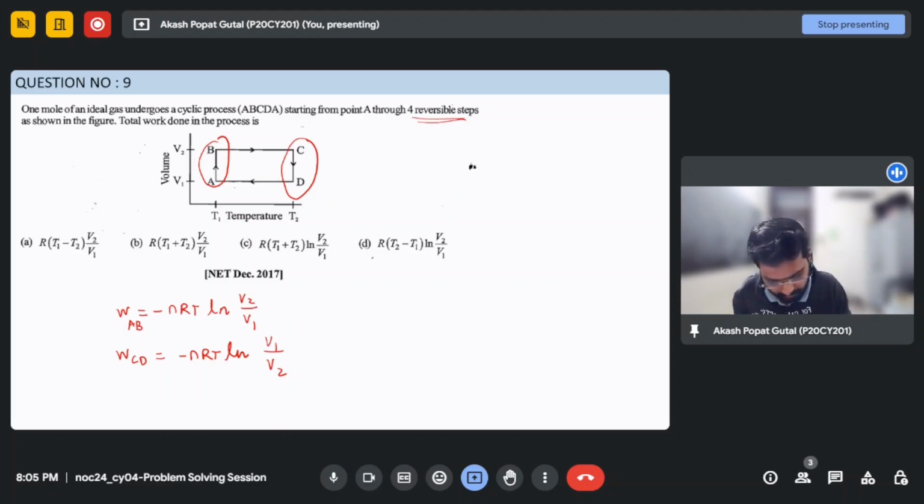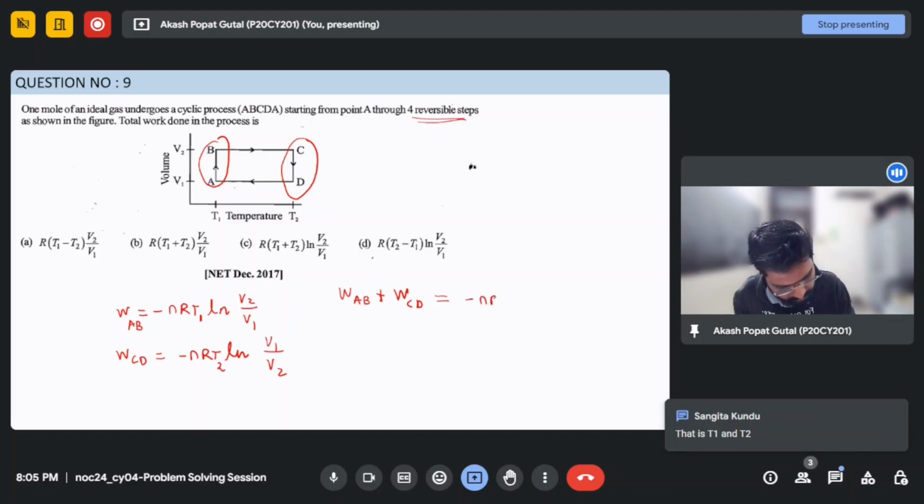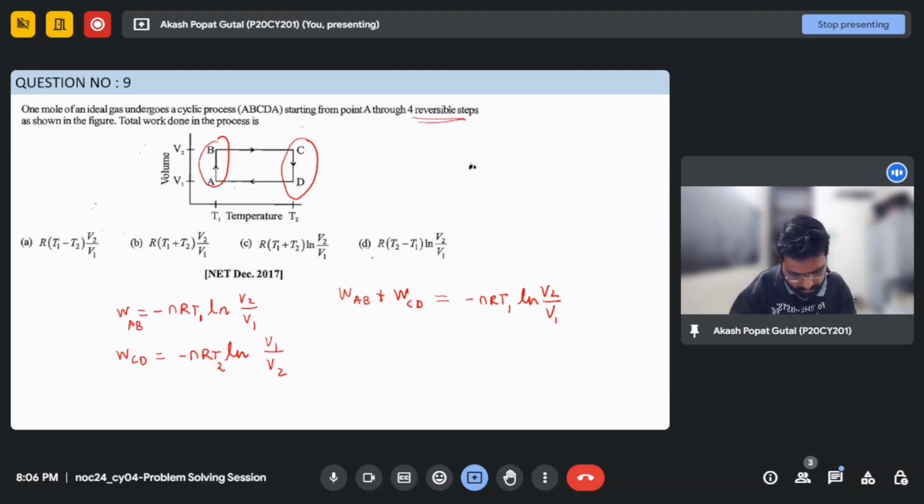We can apply this for WAB, and if you add WAB plus WCD, you will get, sorry, I forgot to add T1, minus nRT1 ln V2 by V1. And in the second term it is V1 by V2, so we will change it. It will become plus nRT2 ln V2 by V1, because by the logarithmic law, when we invert the ratio we get a negative sign outside.